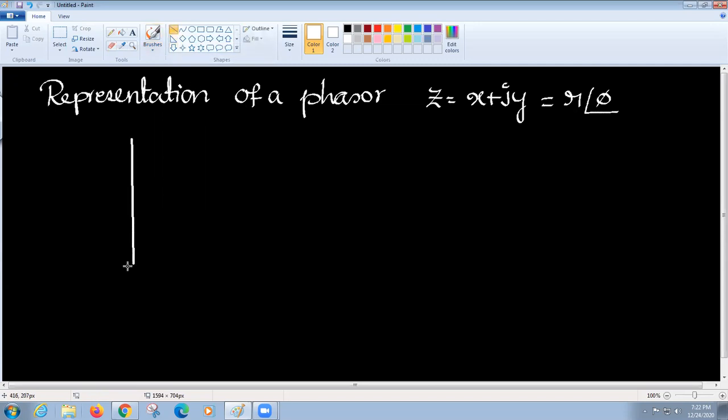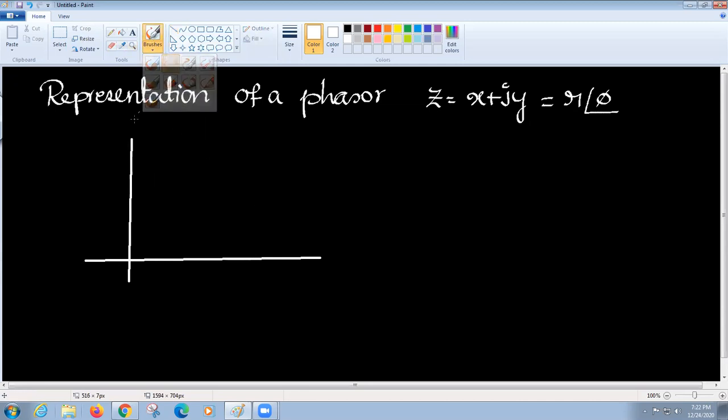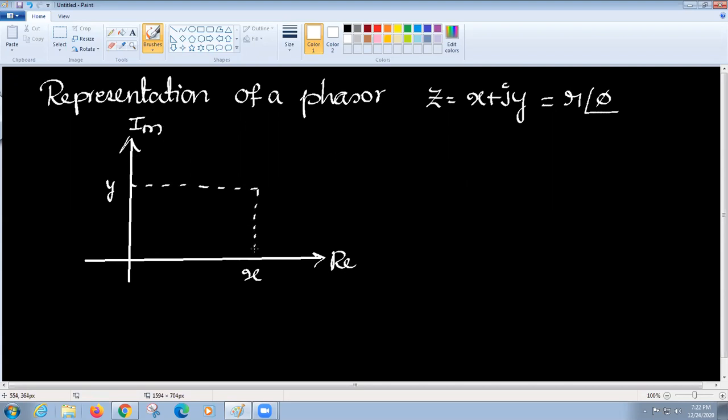So I can show this way. This is my real axis, the real part of z, say you have some x, and the imaginary part of z, say you have some y somewhere here. So I have x plus jy for some x and some y.